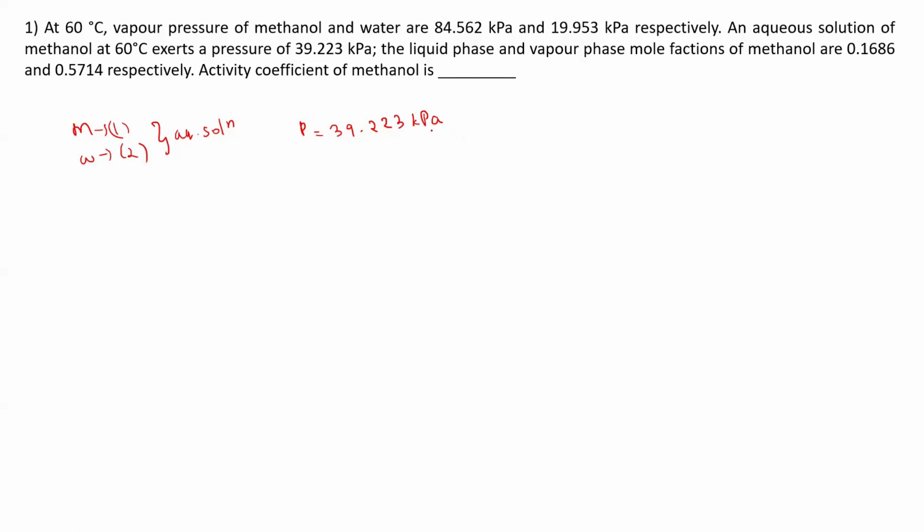The liquid phase and vapor phase mole fractions of methanol are x1 equal to 0.1686 and y1 equal to 0.5714. And the activity coefficient gamma 1 is equal to what? So we know P1 sat and P2 sat.